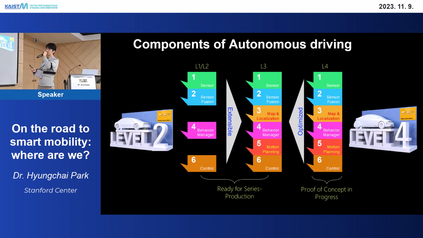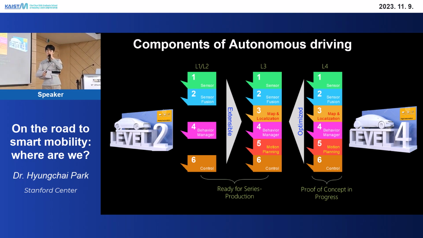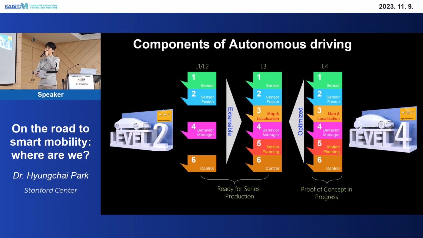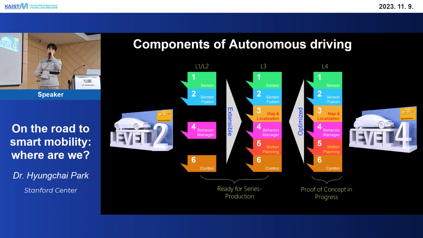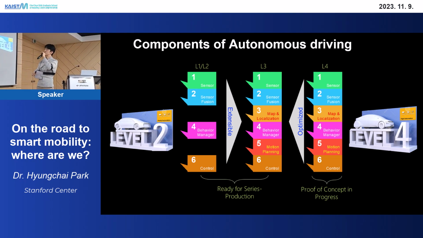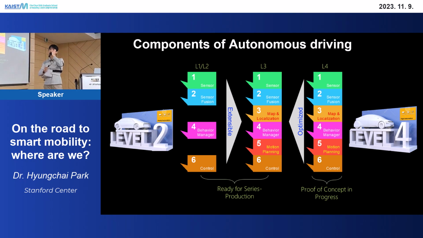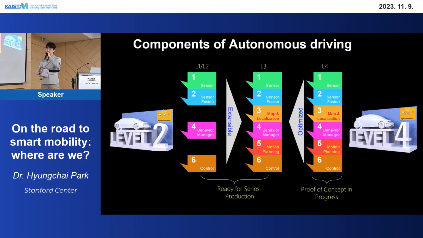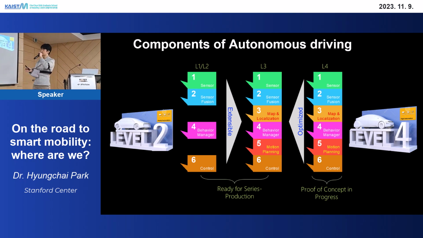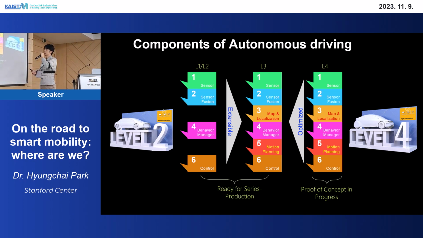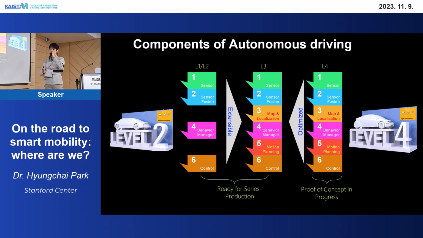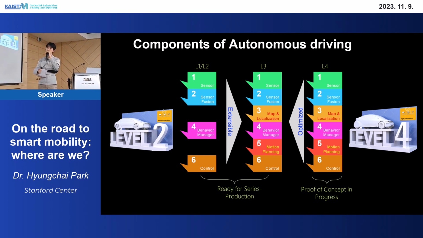First we need sensors to sense the environment, and we need sensor fusion to make one complete scene or understanding of the environment. Then we need a map and localization, so we need an understanding of the path from point A to B and where we are along the path. Then we have to develop behavior. At the current position, what do we have to do to get to point B?